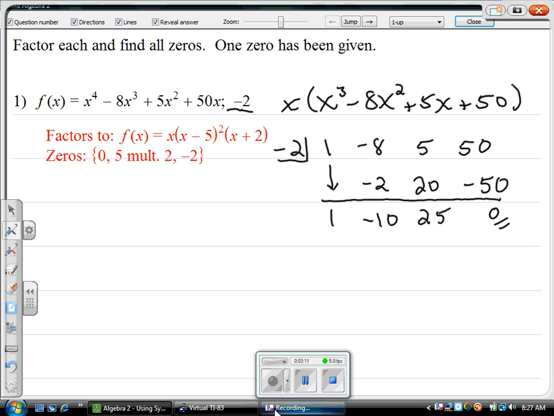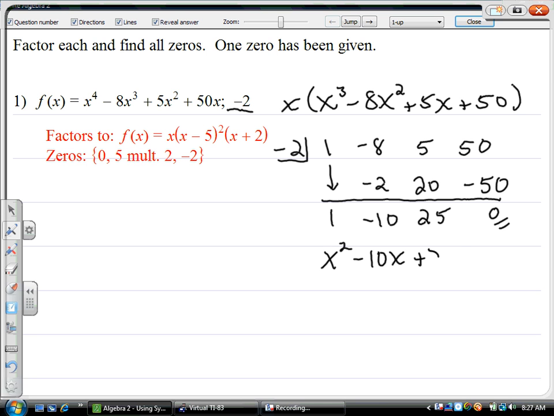So what we're going to be left with here is x squared minus 10x plus 25. Now remember, we've already factored out an x up here, and if -2 is a root, then we know the term that goes with that -2 is x plus 2.